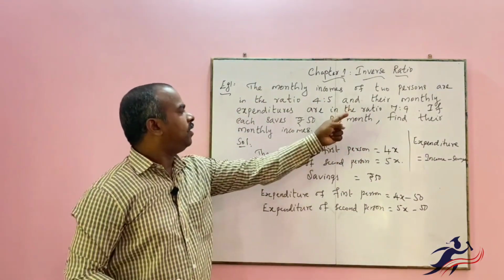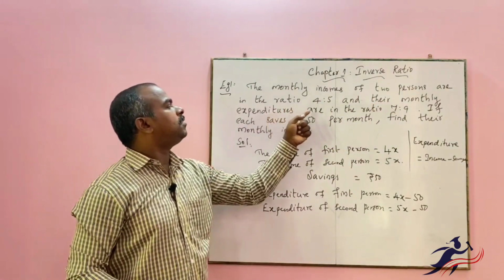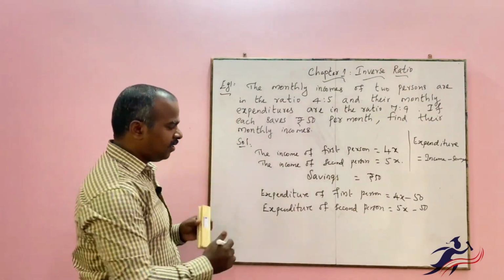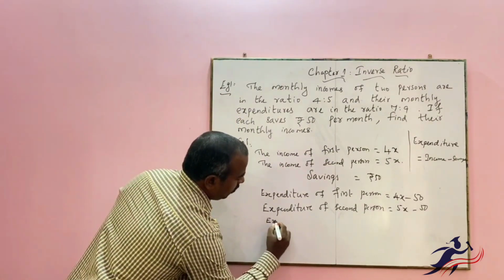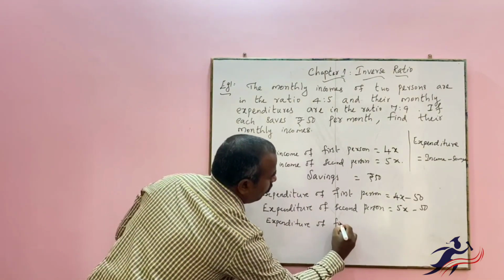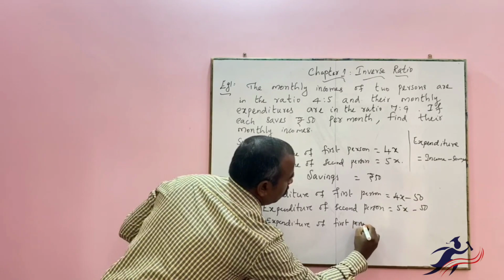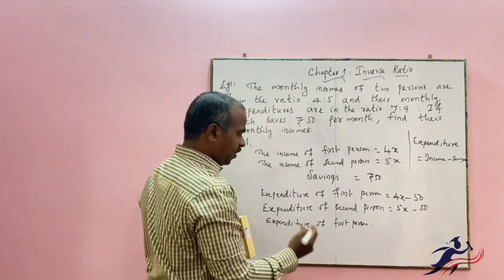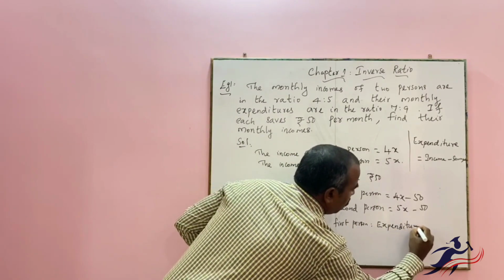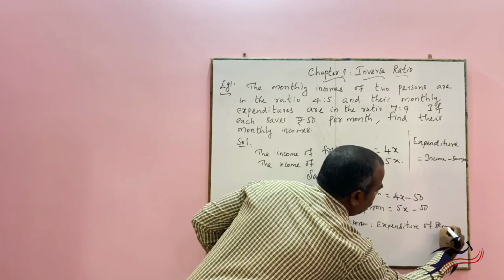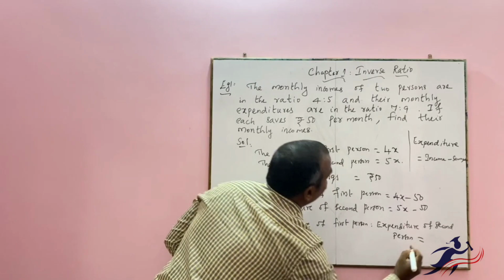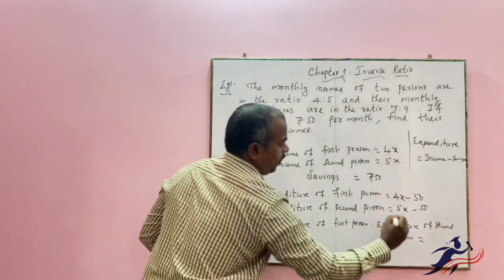But it is given their monthly expenditures are in the ratio 7 is to 9. That is, expenditure of first person is to expenditure of second person is equal to 7 is to 9.